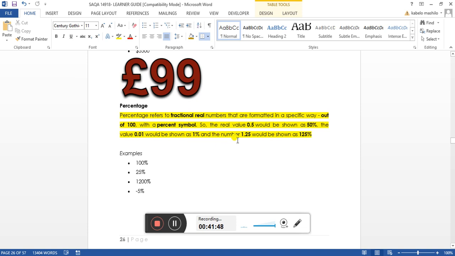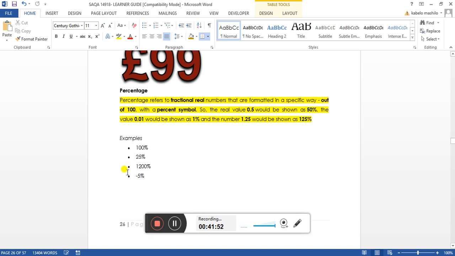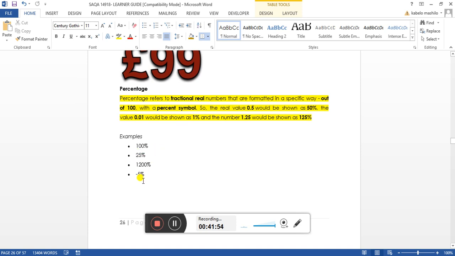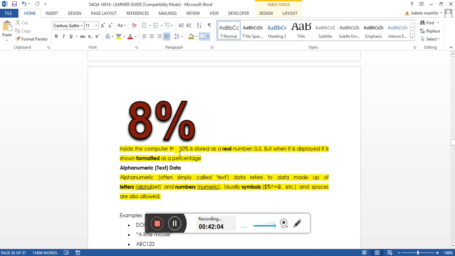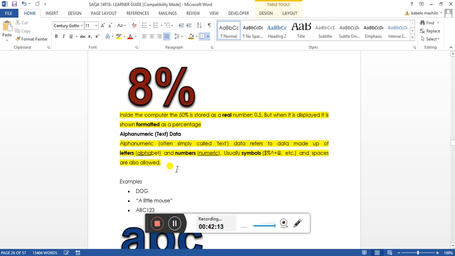Examples: 100%, 25%, 1200%, and minus 5%. Inside the computer, the 50% is stored as the real number 0.5, but when it is displayed, it is formatted as a percentage.